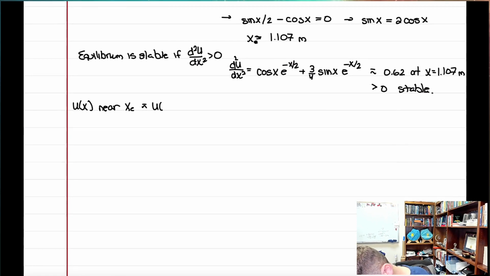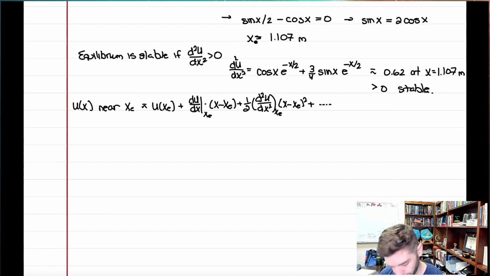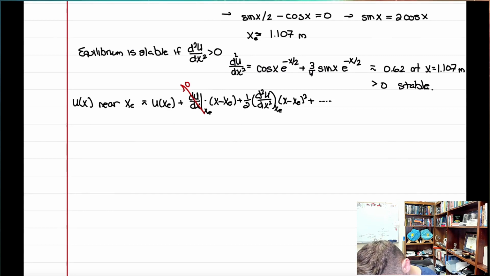All right, so this is u evaluated at x sub e, plus the first derivative evaluated at x sub e times x minus x sub e, plus 1/2 the second derivative evaluated at x sub e, x minus x sub e squared, plus the higher order terms. We said at the equilibrium point this is 0. U sub e is just a constant.